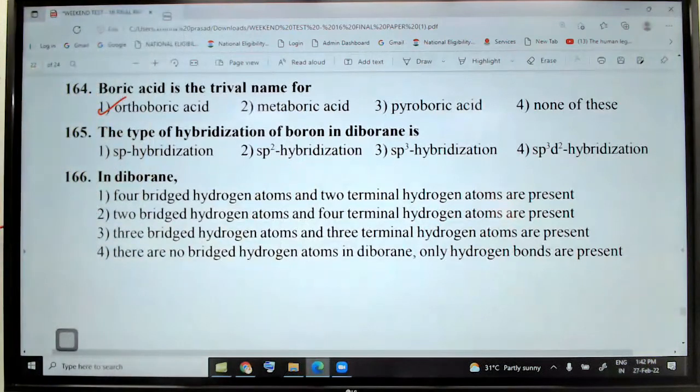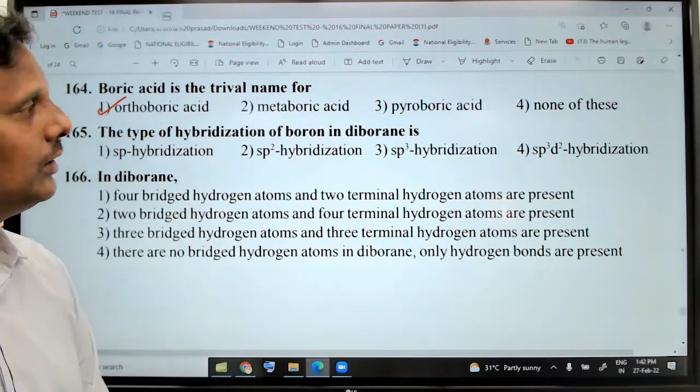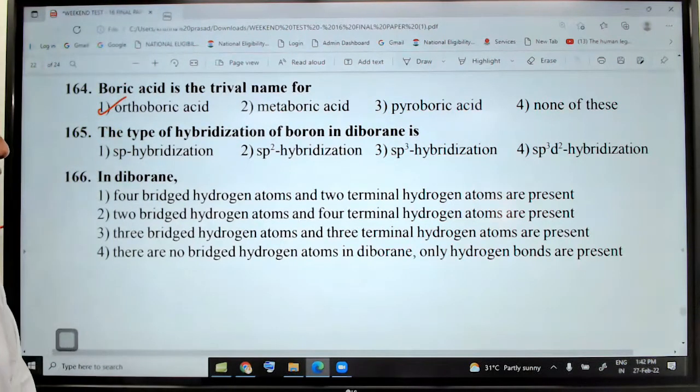One more very simple question. What is the type of hybridization of boron in diborane? It is sp3 hybridization.